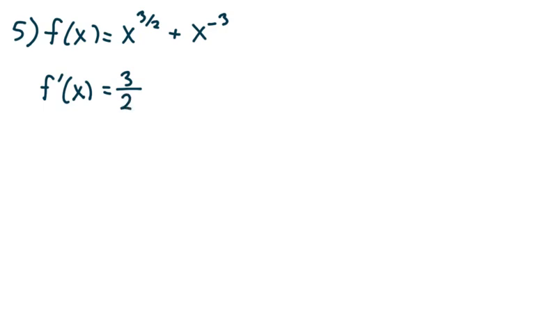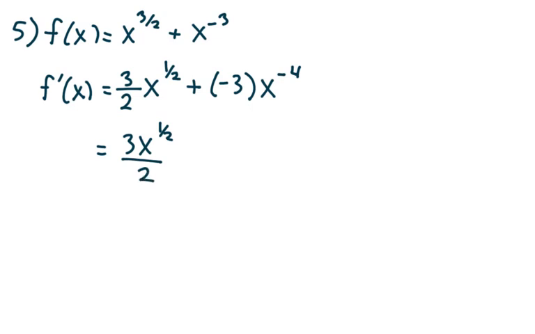I get 3 halves x raised to the 1 half plus, and then the derivative of x to the negative 3 with respect to x is negative 3x to the negative 4. Okay? Now, this is 3x to the 1 half divided by 2 minus 3 over x to the 4th.